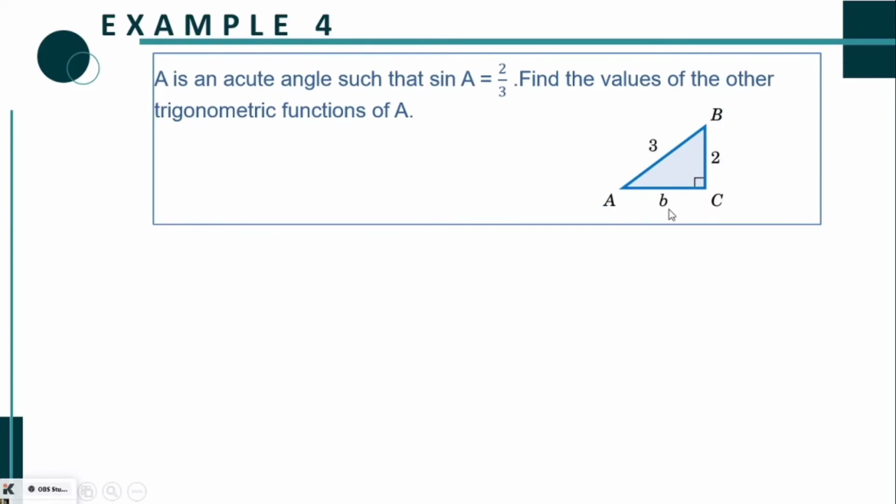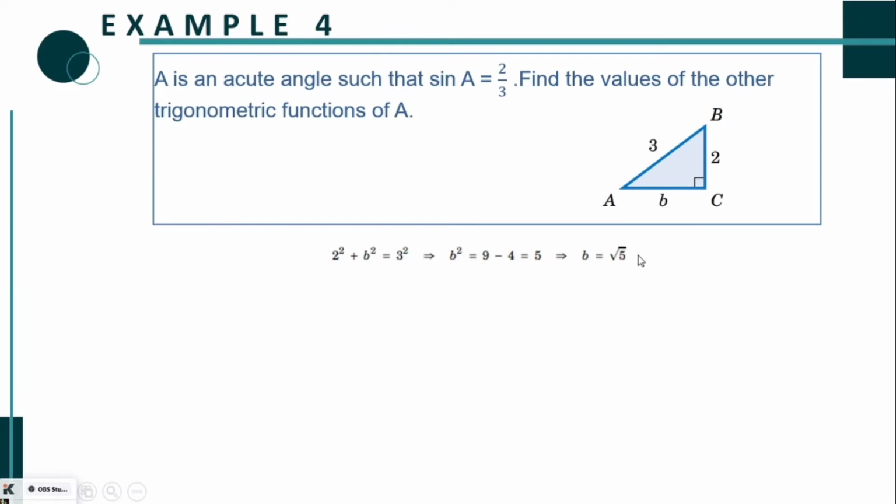Looking for B, we have A squared, so our A here is 2, plus B squared equals the hypotenuse C squared, or 3 squared. So B squared is just equal to 9 minus 4, that's equal to 5.